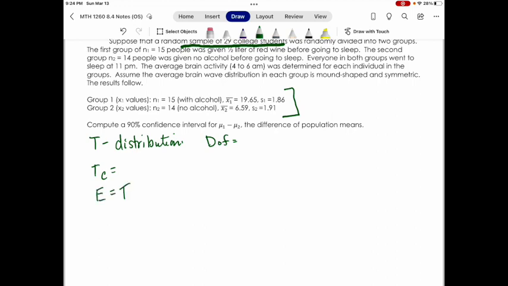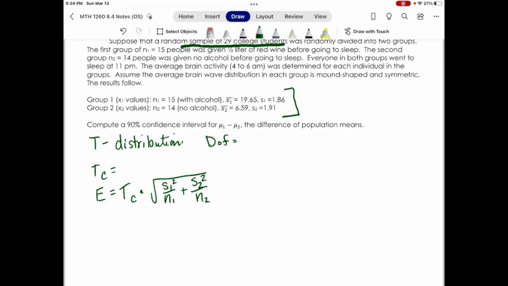We also need to find the error, which we know to be t-critical times the square root of S1 squared over N1 plus S2 squared over N2. Now, as it was discussed before, if you want to find the degrees of freedom, there's a very complicated formula that you need to use.